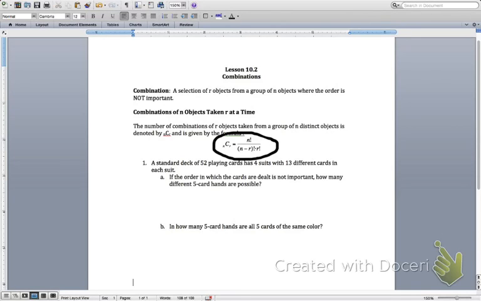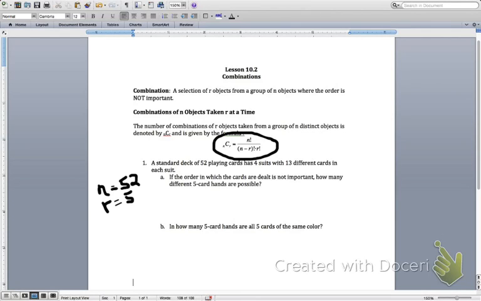Example 1. A standard deck of 52 playing cards has 4 suits with 13 different cards in each suit. Letter A. If the order in which the cards are dealt is not important, how many different 5-card hands are possible? So in other words, N is going to be 52 because there are 52 cards in a deck. And R is going to be 5 because in whichever game we are playing here, 5 cards are dealt.